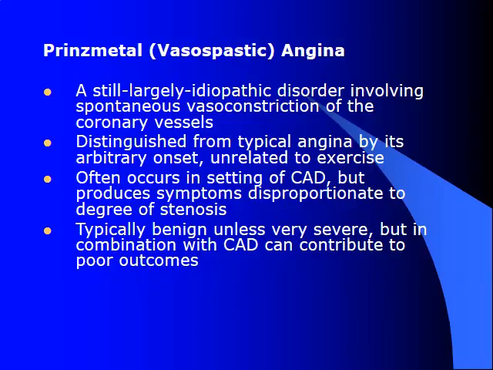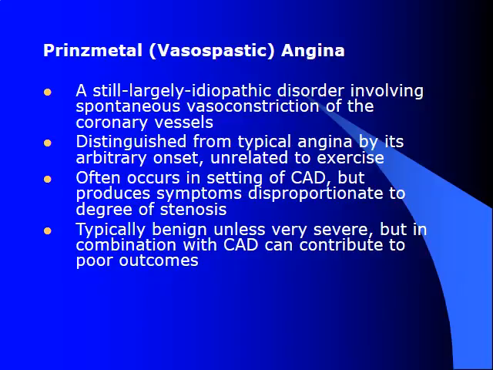All right, the next one we're going to talk about here is Prinzmetal or vasospastic angina. This is an idiopathic disorder, involves the spontaneous vasoconstriction of coronary vessels. Typically, it's distinguished from angina or your typical ACS angina from the fact that it has an arbitrary onset.